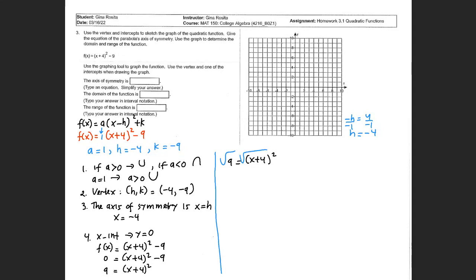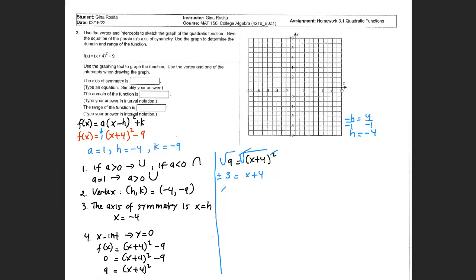Okay. Everybody see it? So you cancel it, and this becomes plus or minus 3 equal x plus 4.